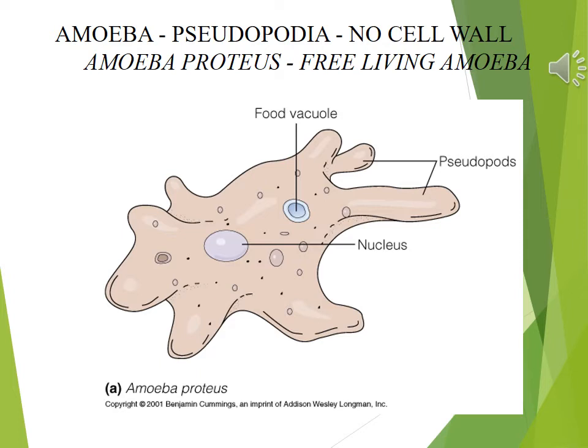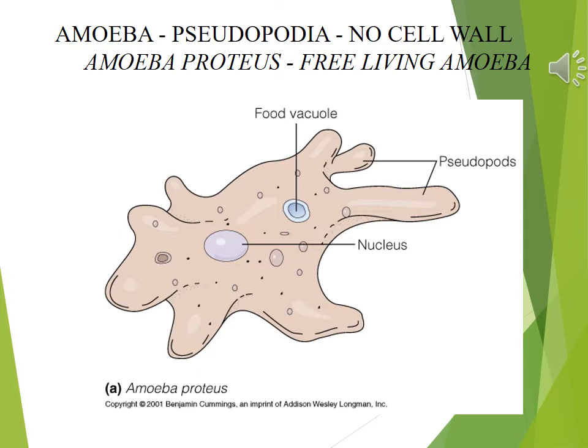Amoeba has a single large tubular pseudopod at the anterior end. So if you refer to the diagram, at the anterior end you have pseudopods. It also has several secondary ones branching to the sides.